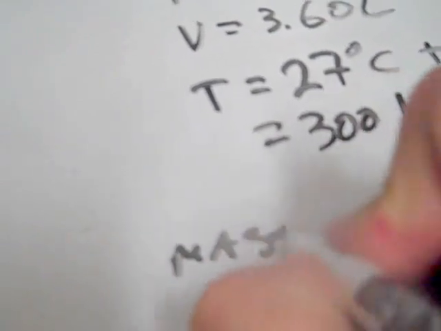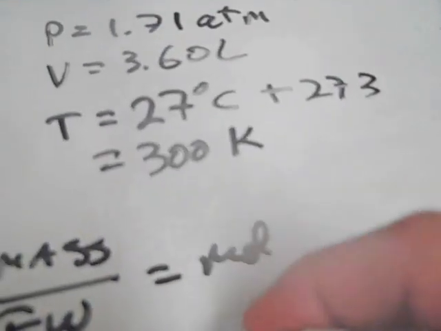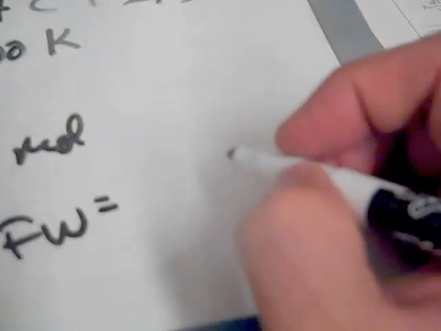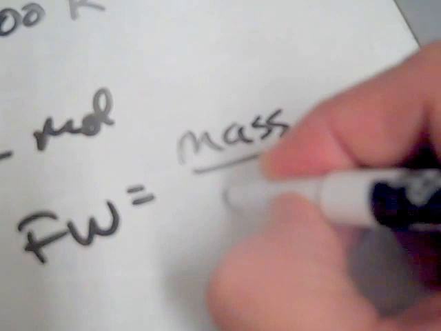And so the molecular weight: mass over formula weight is equal to moles. Or in other words, formula weight is equal to mass over the number of moles.